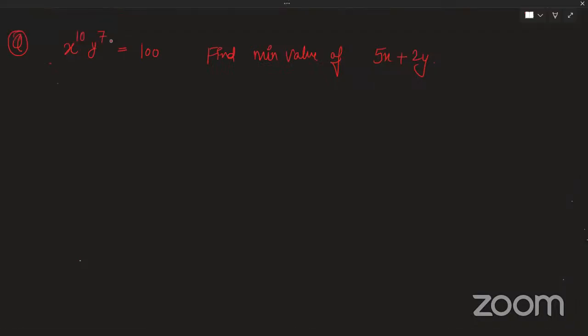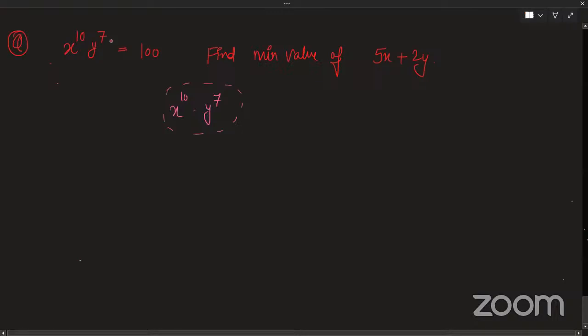Now tell me how will you do it? Now think in the opposite direction. I need x raised to 10 and y raised to 7, so definitely this will be on the GM side, and this thing will be on the AM side, arithmetic mean side.